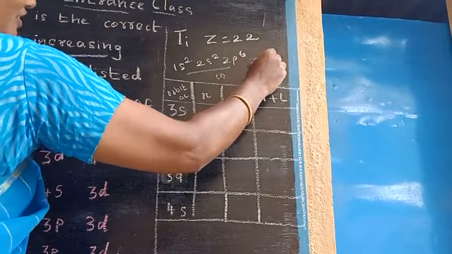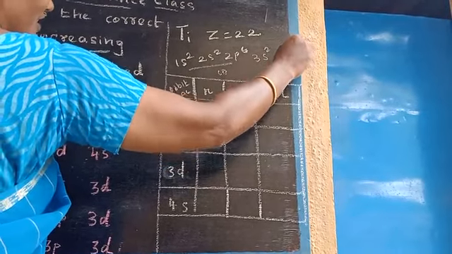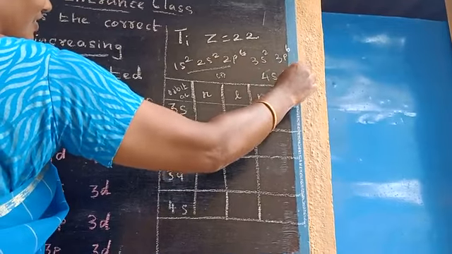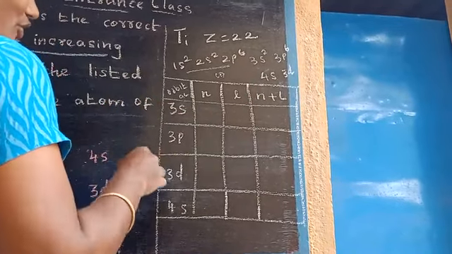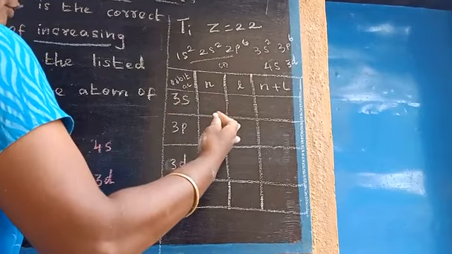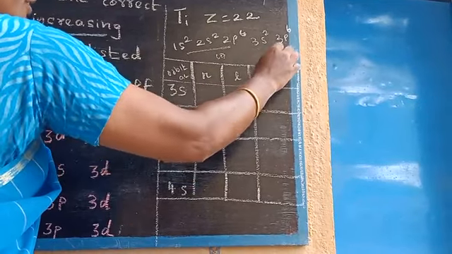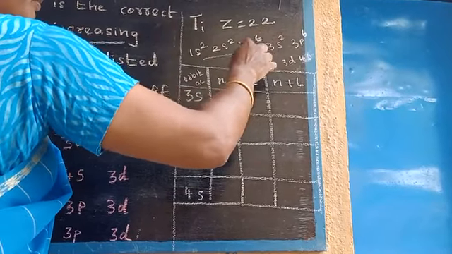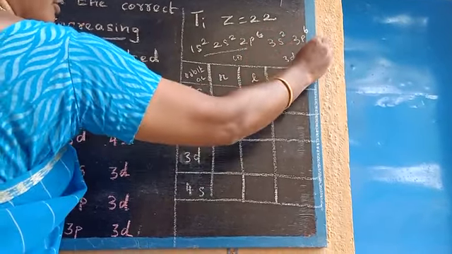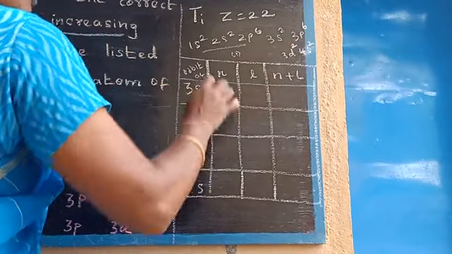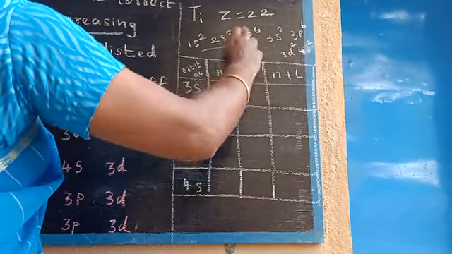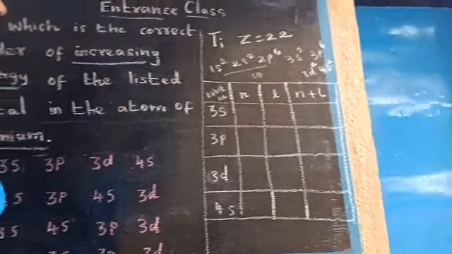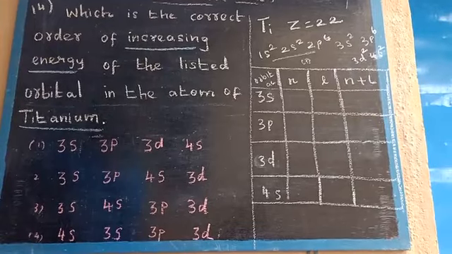Next 3s2, 3p6, next 4s, next 3d. But actually we are writing 3d and then 4s. Here 8 electrons, remaining 2 and 2, so 22, it is balanced. Now they are asking about increasing energy.